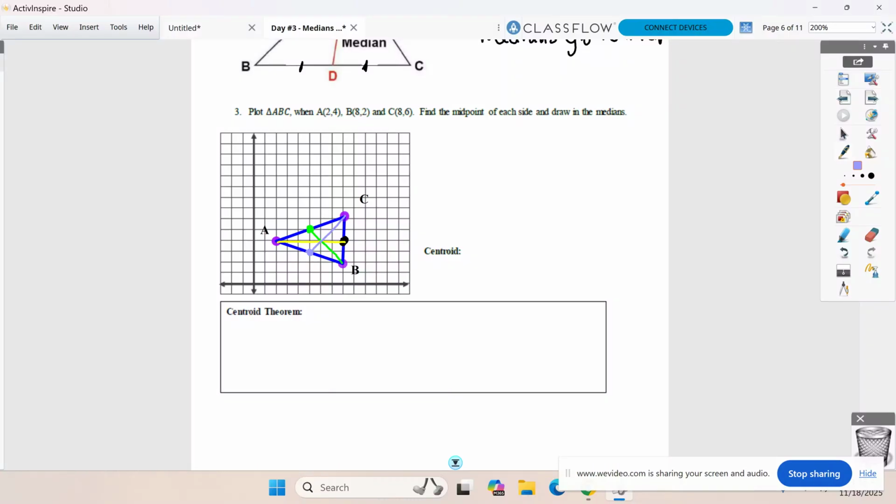Add your x's, divide by 2. Add your y's, divide by 2. It's a point, right? It's a point.